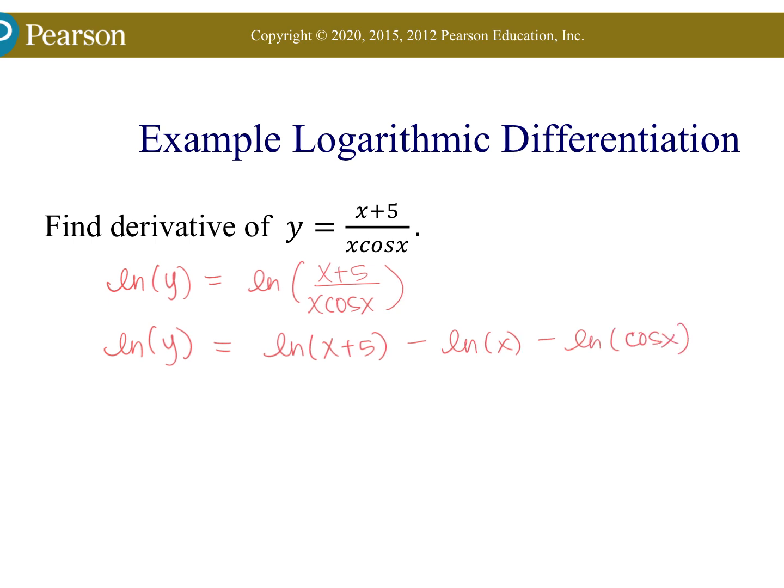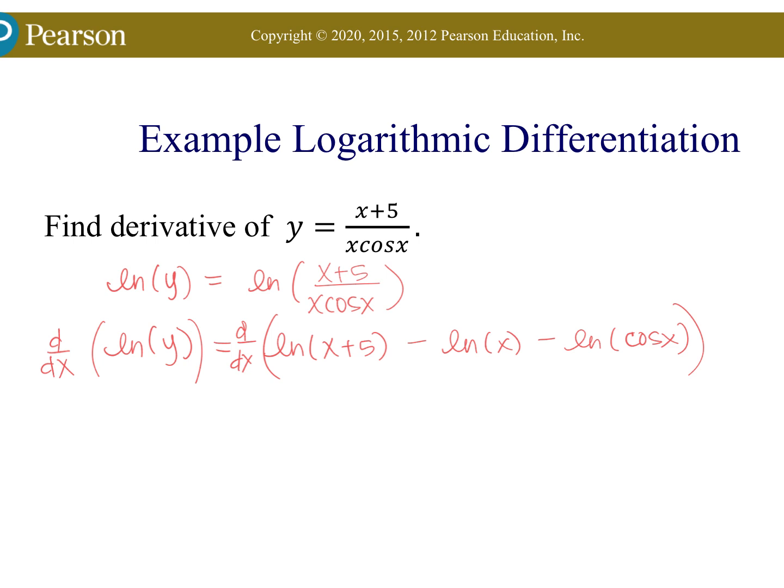So you are able to separate all of the pieces, because x and cos x were both in the denominator, they're both affected by the subtraction. So then I can apply my derivative rules to each of the pieces. So I want the derivative applied to the left side, and I want the derivative applied to the whole right side.